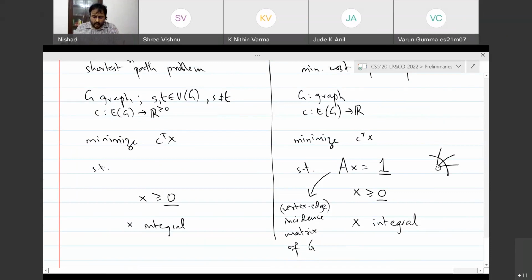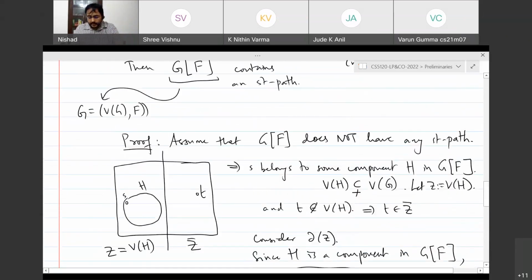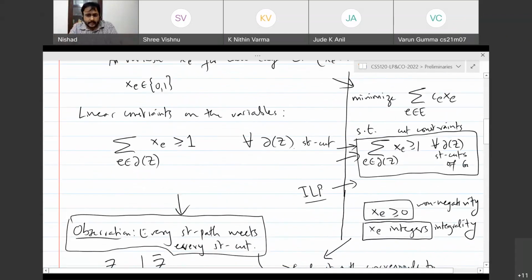And now instead of the vertex edge incidence matrix, we are going to have a different matrix in this case. Can someone tell me what this matrix should be? Can you read this constraint, the one which has been starred, and tell me what should your matrix be in this case? For each ST cut, we have, yeah, go ahead.